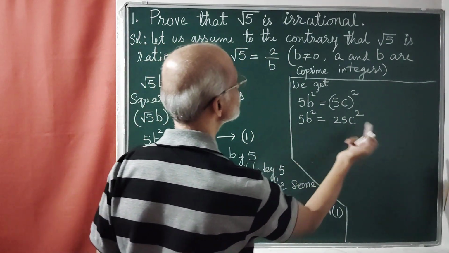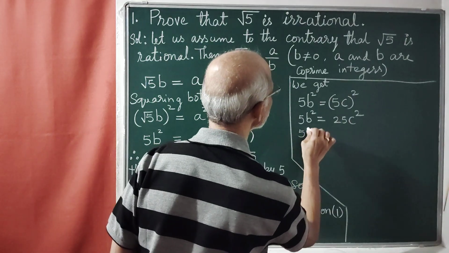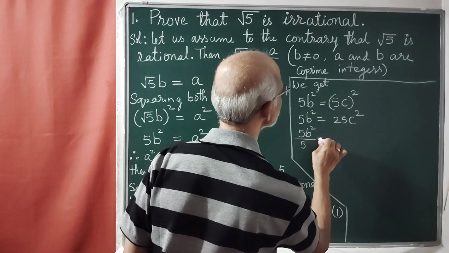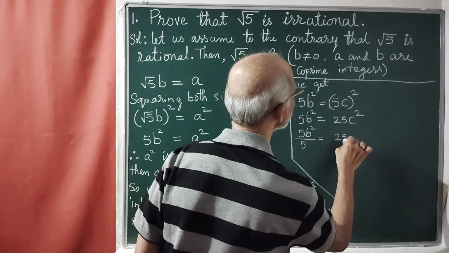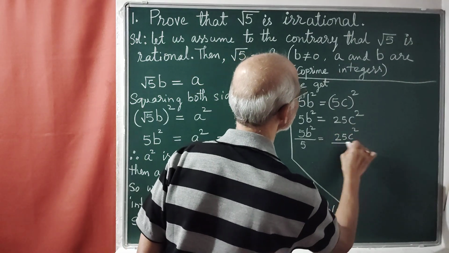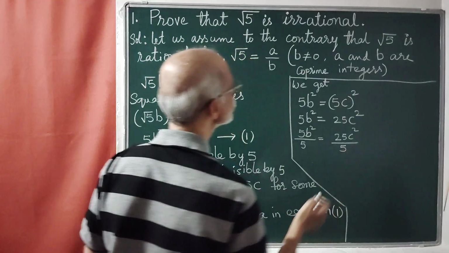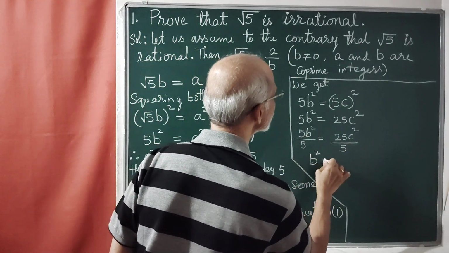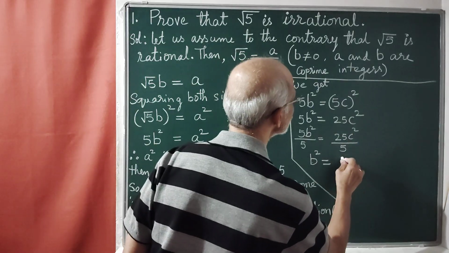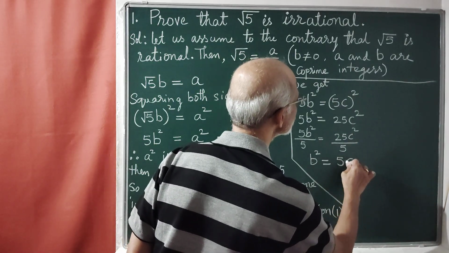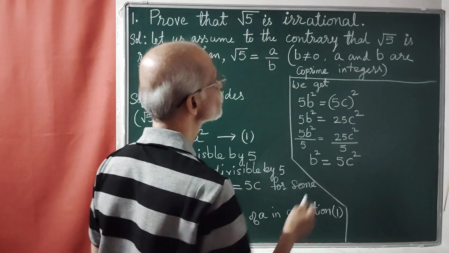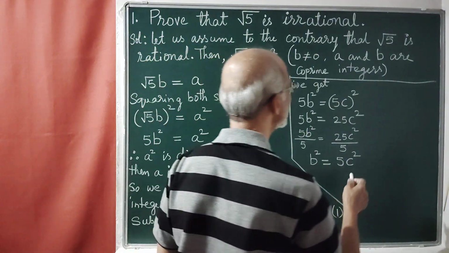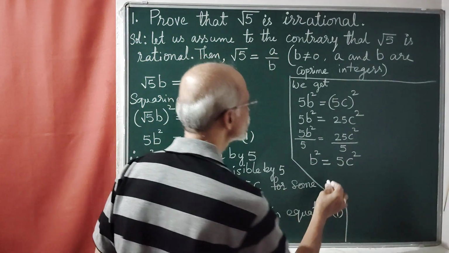Now I'll divide both sides by 5. So 5b square by 5 is equal to 25c square by 5. So this 5 will get cut there. So b square will be equal to 5c square. You can see here b square is also a multiple of 5.